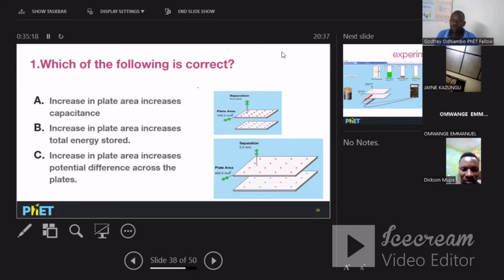So, which of the following is correct? A: increase in plate area increases capacitance. B: increase in plate area increases total energy stored. C: increase in plate area increases potential difference across the plates. In this scenario, the teacher will put up a diagram to help students determine which one is correct.